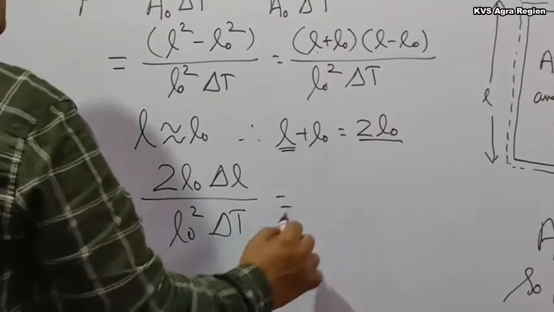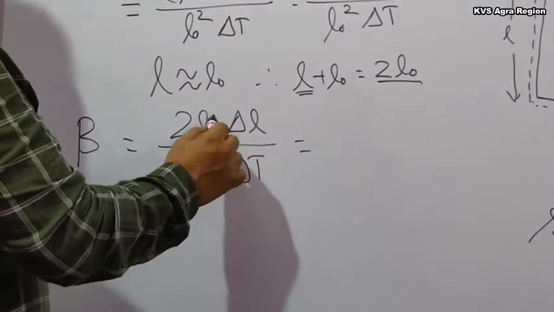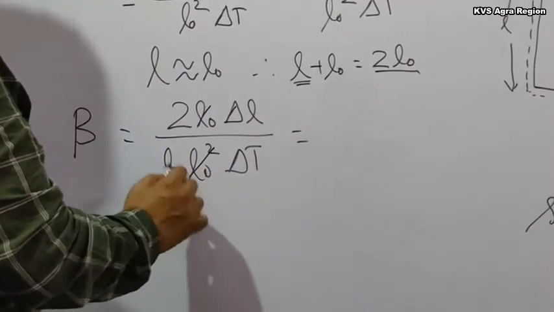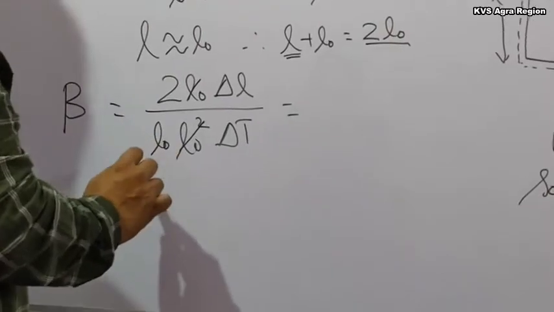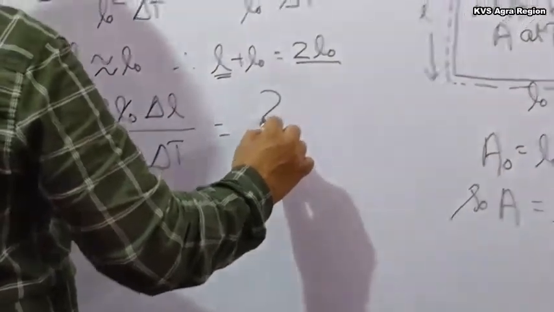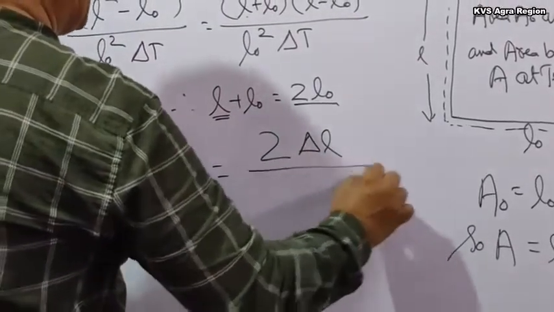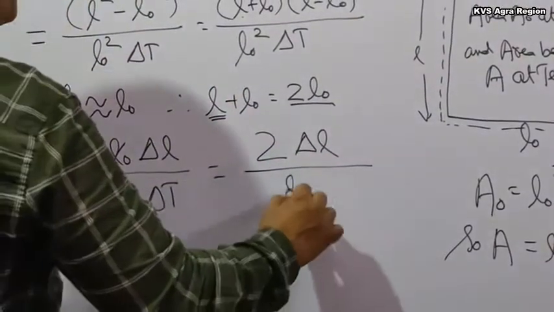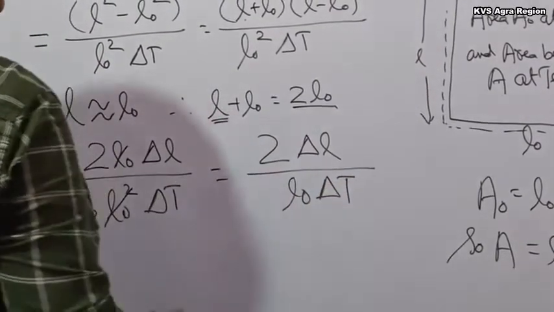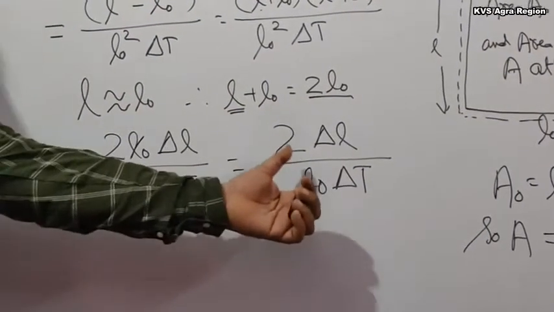So it will be equivalent to, here one power of L naught will be cancelled and we will be left with a single power of L naught in the denominator. So we will be left with 2 delta L upon L naught delta T. What is this?